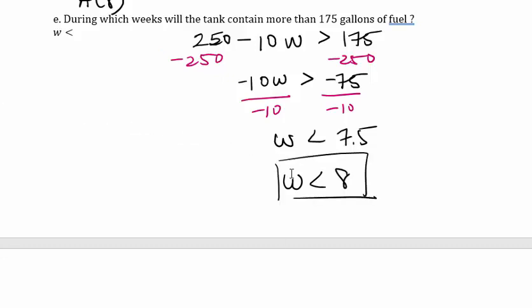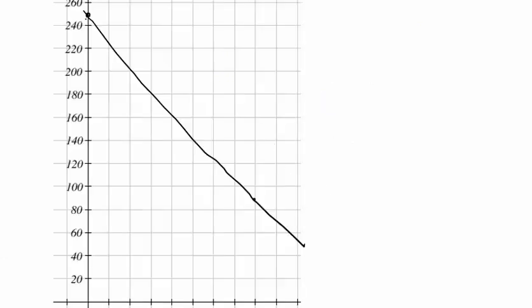Okay, we can also check our graph to see if this answer makes sense. On the graph, I find where 175 would be on the A-axis, and look at that point of intersection.